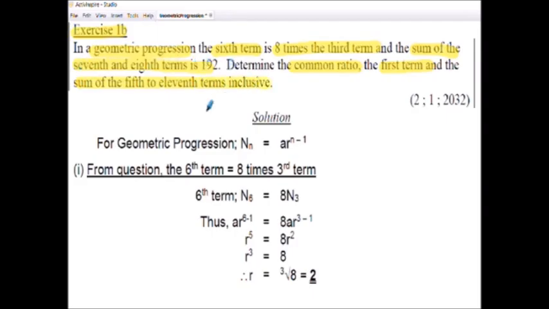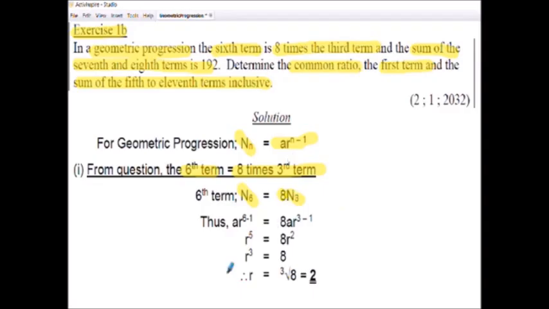So from the geometric progression equation, Nn is equal to ar to the n minus 1. We know that the sixth term is 8 times the third term. So using mathematical notation here, I could write n6 on the left hand side is equal to 8 times n3 on the right hand side. I'll let you think that through.